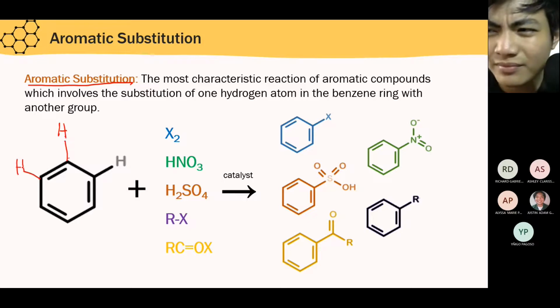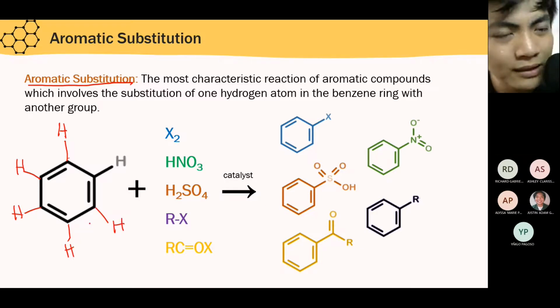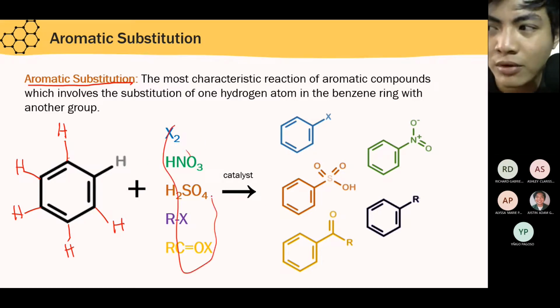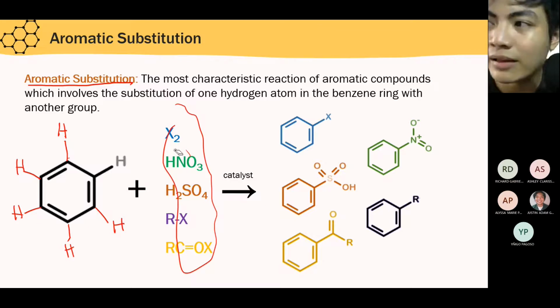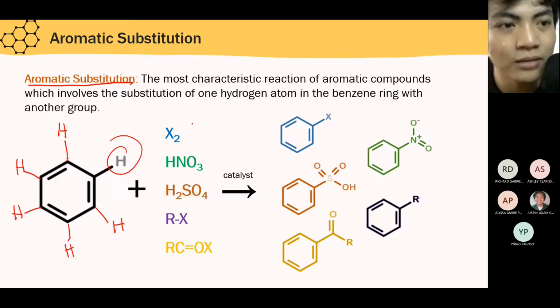Since sabi natin, yung double bond, bawal sirain, ibig sabihin, ang pwede na lang palitan natin is yung hydrogen. Isa-substitute na lang natin yung whatever group yung makukuha natin, ipapalit natin sa isa sa mga hydrogen ng benzene. Yun yung idea ng aromatic substitution.